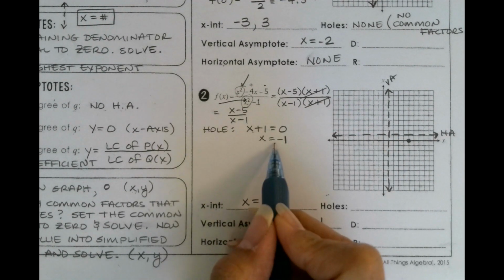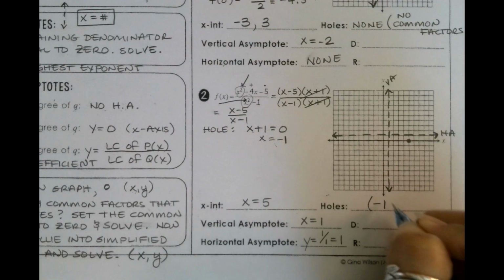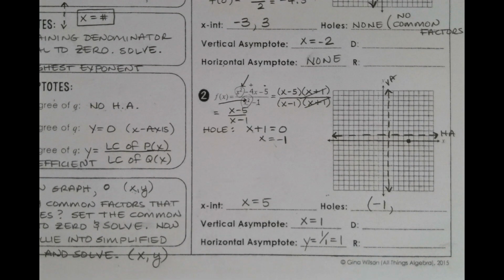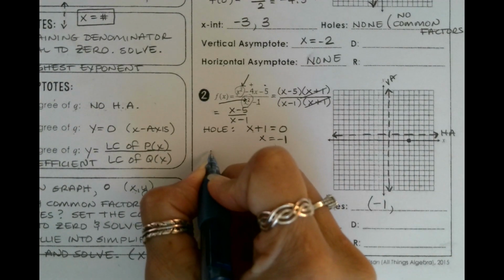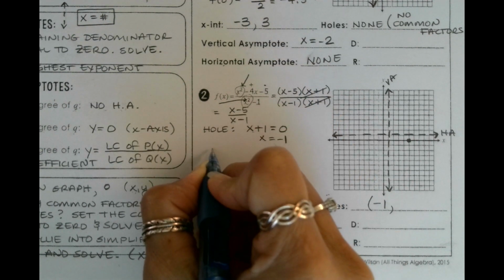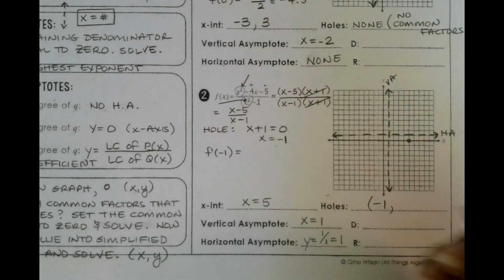So I found the x coordinate. So I'm going to come over here. -1 is my x coordinate. Now I'm going to find the y coordinate. To find the y coordinate, you take the function and you substitute -1 for every x.